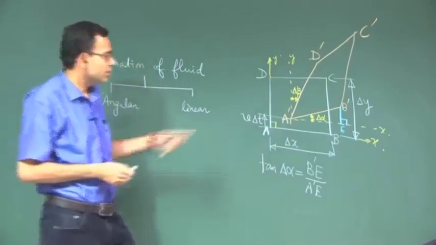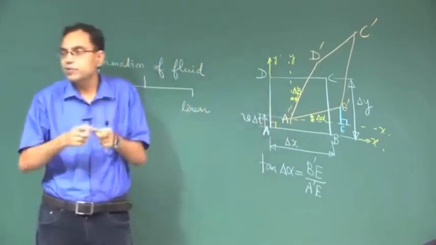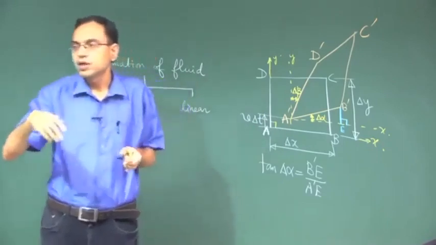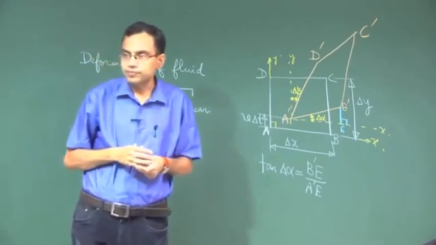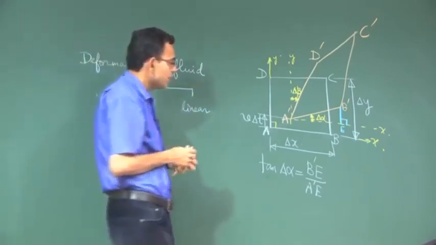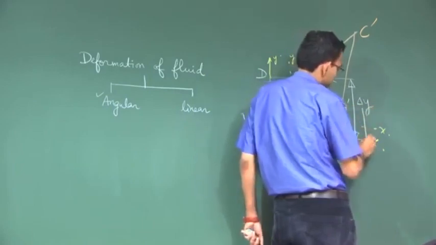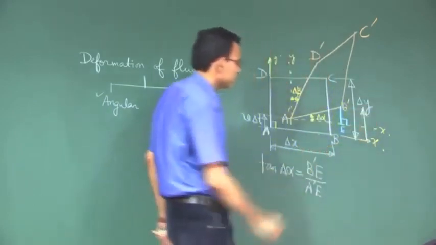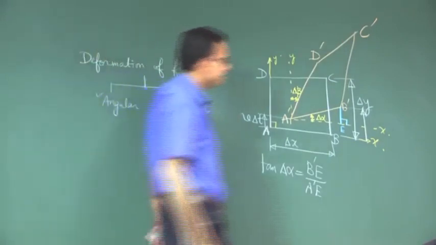Then you cannot write the displacement simply as V delta t, then that will be the integral of V dt over the period of time. So, what will be this vertical thing?